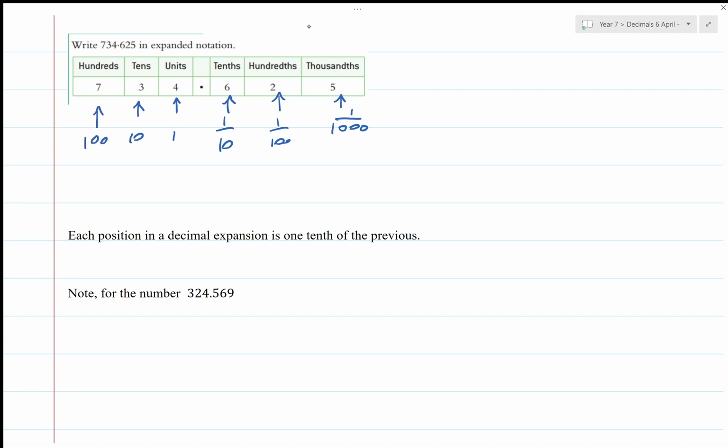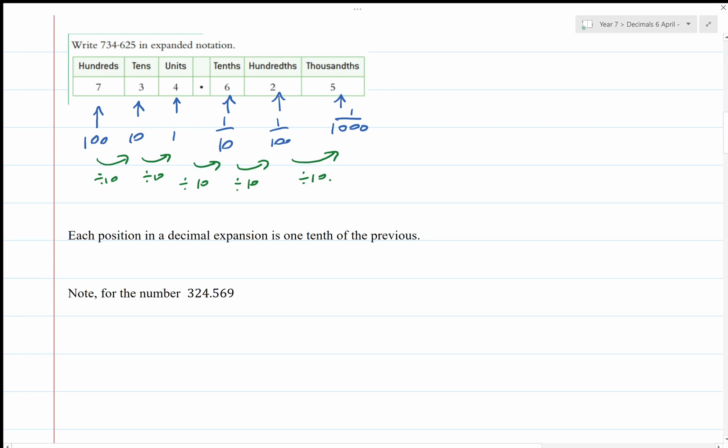So the idea is that each position that you go down, you divide by 10. You could also say every position that we go up, we multiply by 10. That would be the same thing, okay? But that's the most important thing to know, that every time you go down a step, you divide by 10.